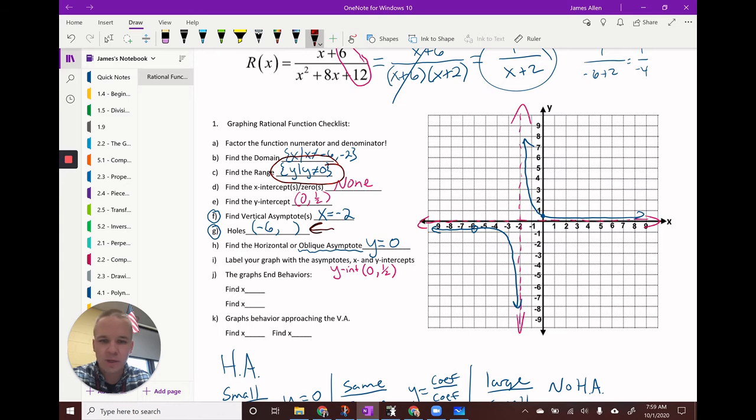Because the hole is not included in this graph, we're skipping over it. So we actually have to exclude the y value for that hole. Now, we don't know that y value yet, so I'm going to hop back to that after we go through how we would find that y value, and then we'll add that to our range restrictions. So just want to say that in case you're like, wait, what about that hole there? We will get there. Don't you worry.